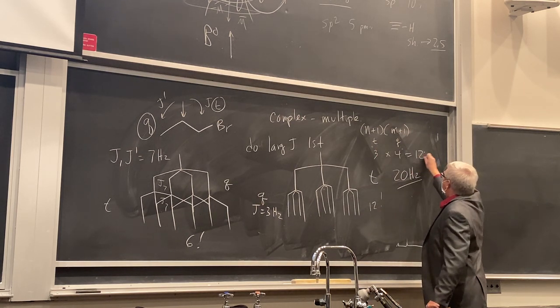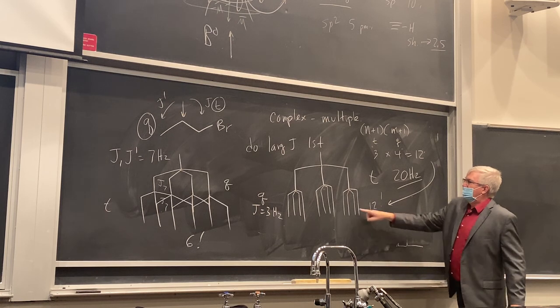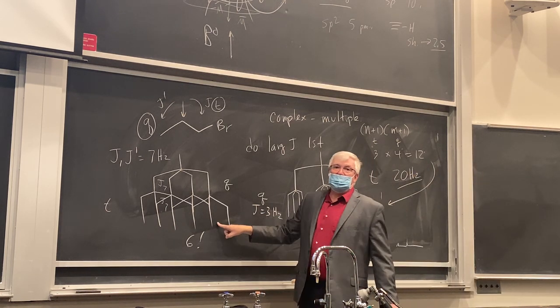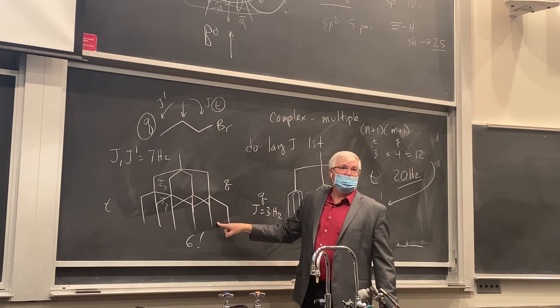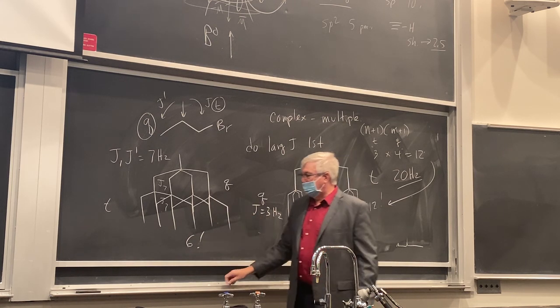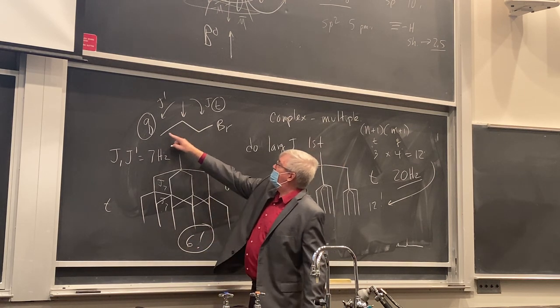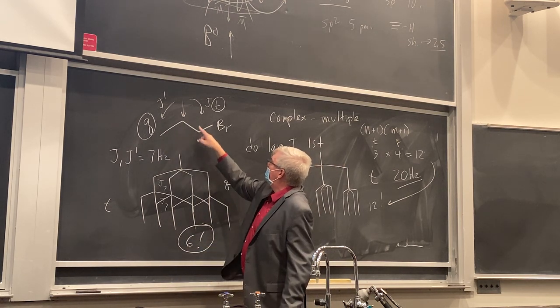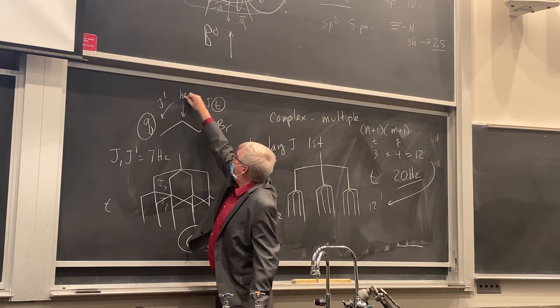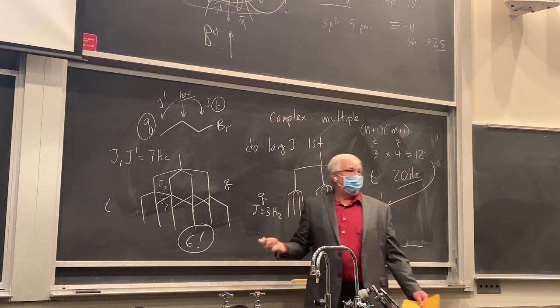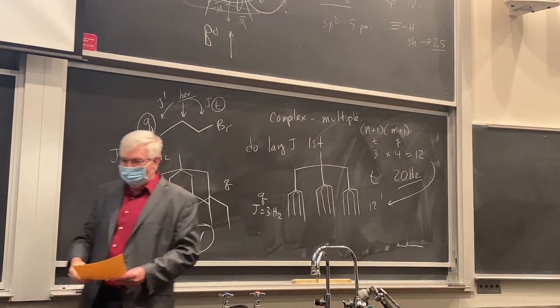That would be 12 lines. There they are. If they had different enough J values, you would see them, but not if they're coincidental in the same value. Does that make sense? So a lot of times you can just say, oh, 6. Well, how many neighbors did it have? 3, 2. Yeah, that should be a hextet. It's okay. And most of the times that'll be true, but not always.